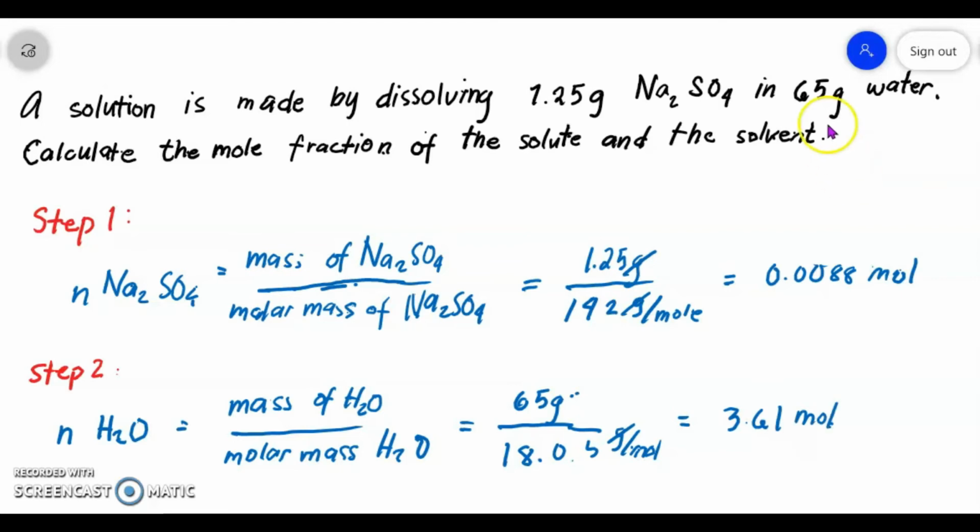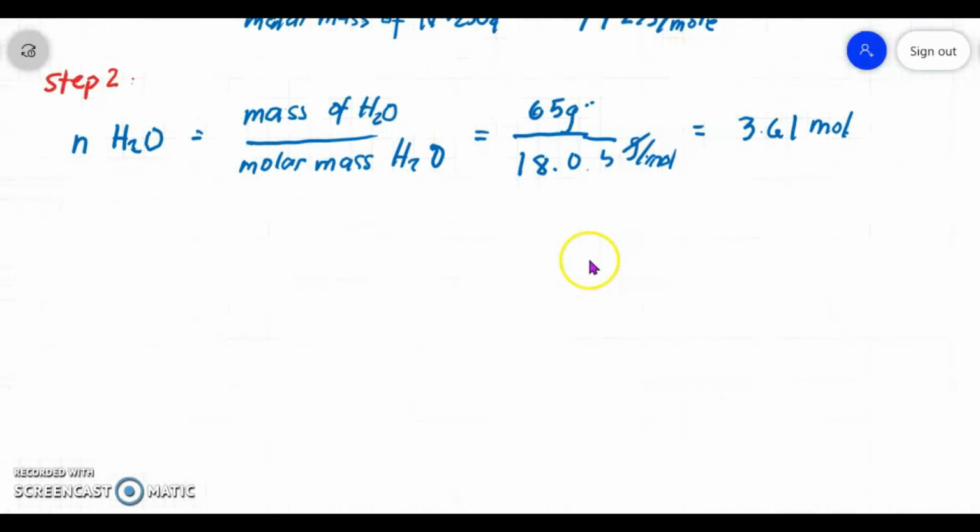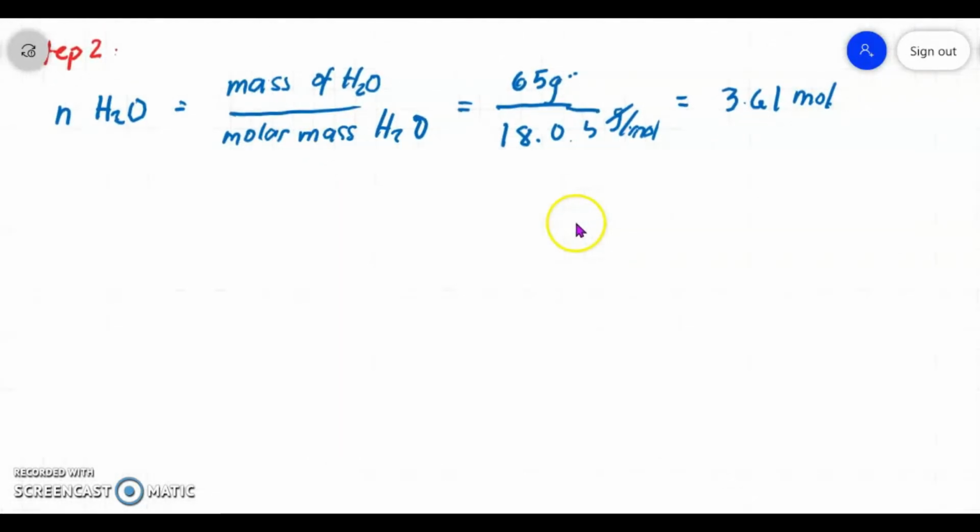The next step would be step 3, which is to get the total number of moles. This is simple.